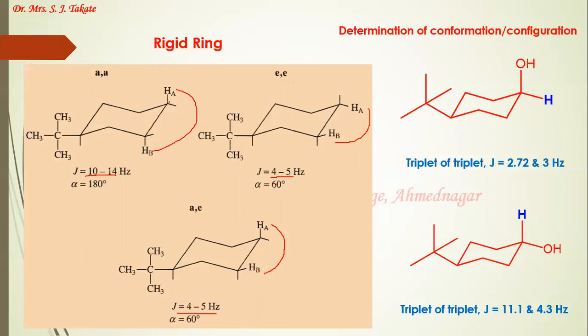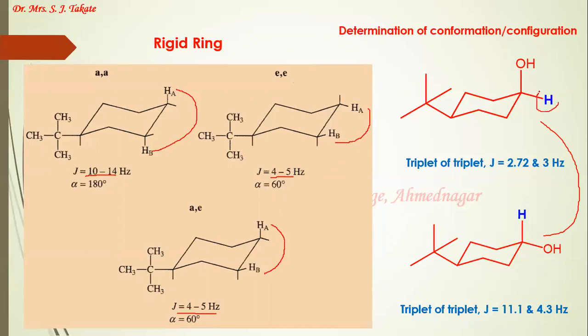That is, if trans-diaxial, large coupling constant value, or if the dihedral angle is 60 degree, the coupling constant value is small. So coupling constant value will tell me whether the dihedral angle is 180 degree or whether it is 60 degree. For example, these two isomeric alcohols. Let us check these two isomeric alcohols. In this case, the OH takes the axial position and proton present on this carbon atom is equatorial.